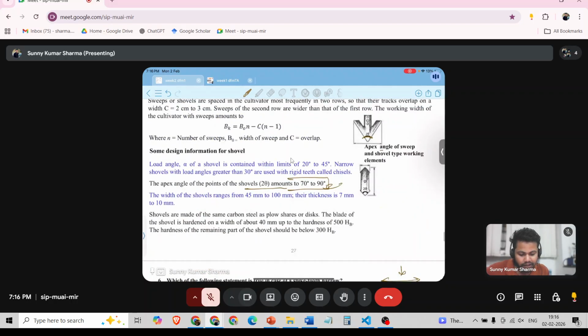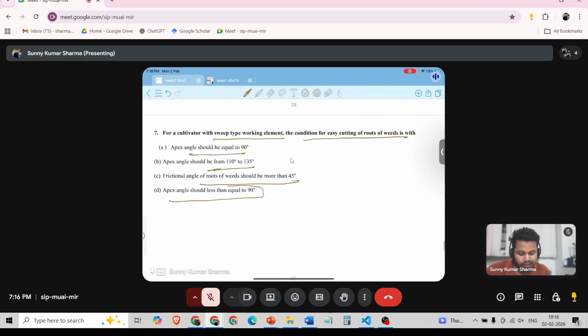We just now saw that apex angle for shovel should be between 70 to 90. So for this question, the answer will be apex angle should be less than equal to 90 degree.